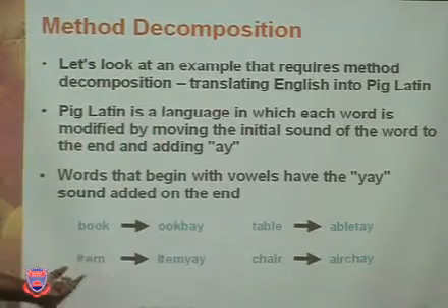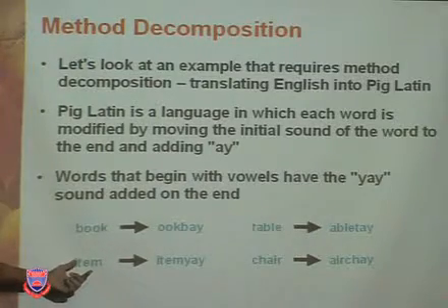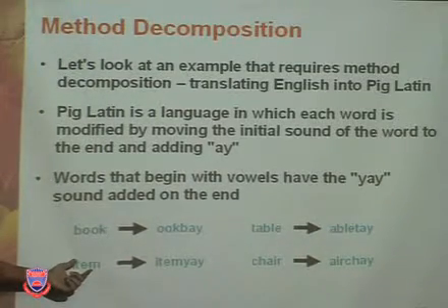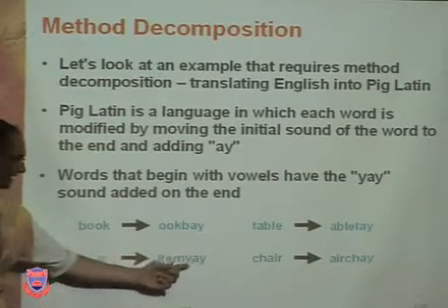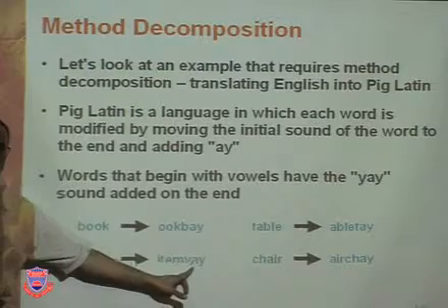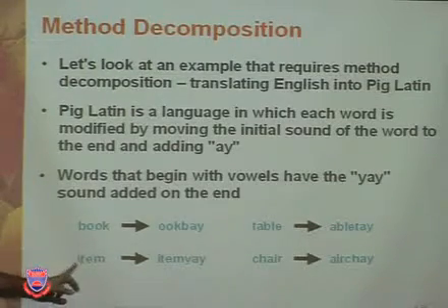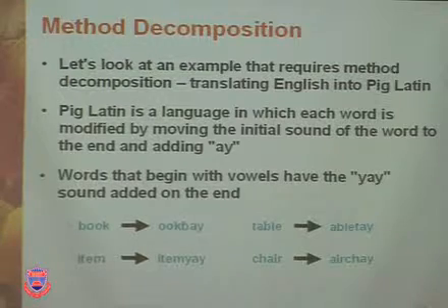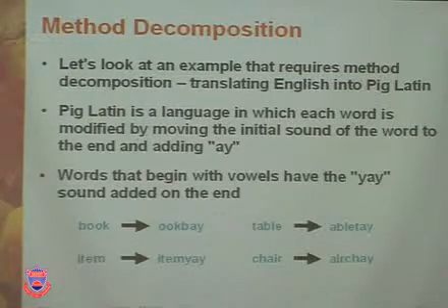And if you have a vowel at the beginning of the word, what it is converted to is something like item-yay. Instead of ay, you add yay for the words that start with a vowel. So this is an already described language, which is given like this.